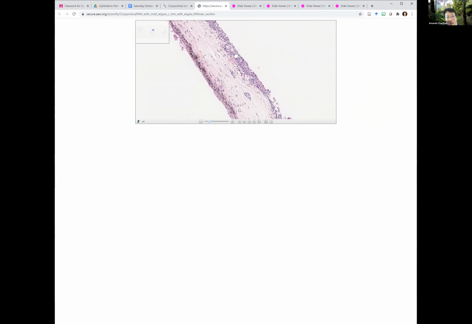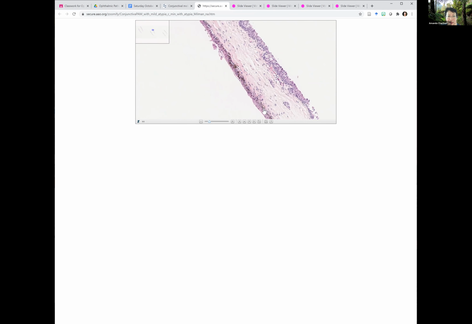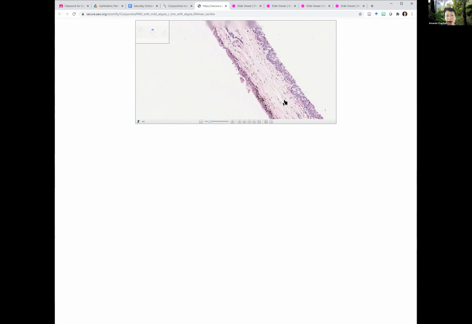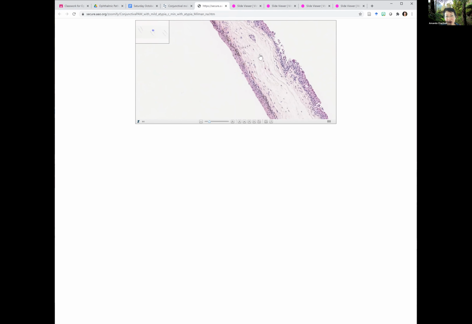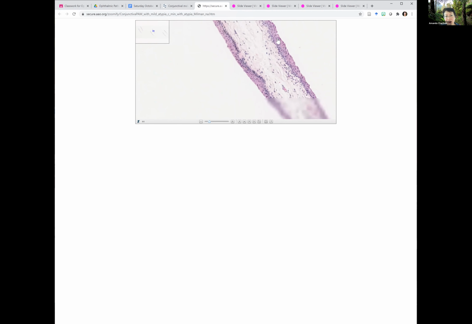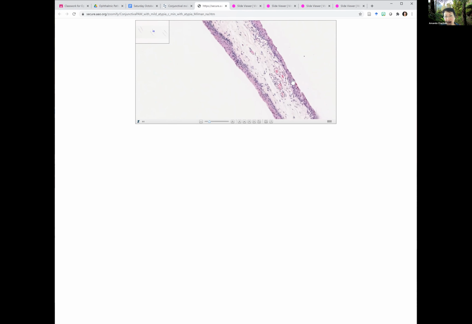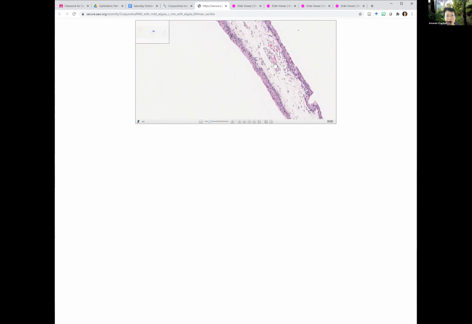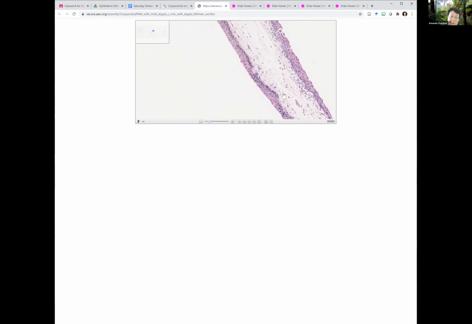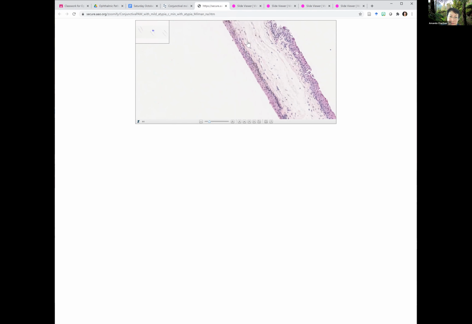It's got goblet cells, and then I have substantia propria or subepithelial stroma, and then I'm coming into the folded over other side of the conj, and I can see pigment here. I think this was probably excised because this is a localized pigmented lesion, and that's probably the reason for excision, because I don't see increased pigmentation on this side. It only appears to be in this part of the conj.